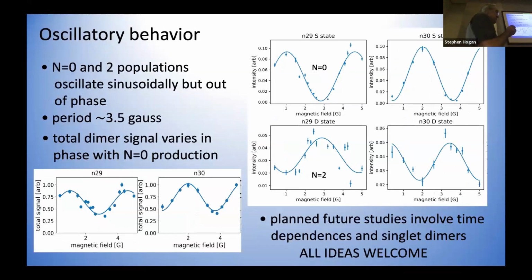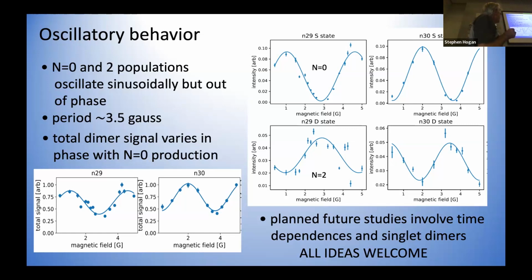So what we did is we plot here those populations for n equals 29 and n equals 30 states as a function of the magnetic field. And what you see is that for the n equals 0 state, you see a kind of nice sinusoidal oscillation. You also see a nice sinusoidal oscillation in the n equals 2 state. But you notice they're antiphase. This goes down, this goes up.